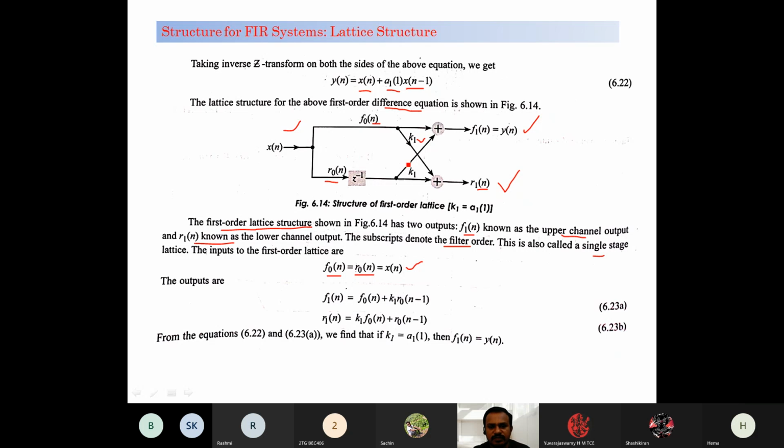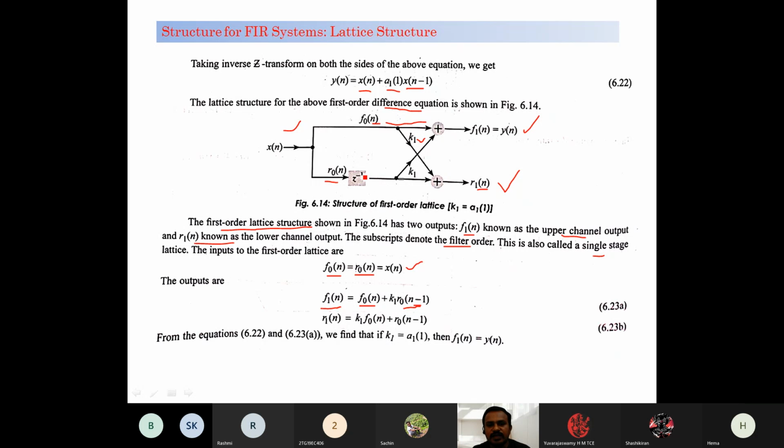Therefore, by seeing this diagram, the cross connections are nothing but the sum of two lines with coefficient values. So f1(n) is nothing but f0(n), which is coming as the input to the upper channel, plus k1, the coefficient of the lower channel, times r0(n minus 1). Why is it n minus 1?